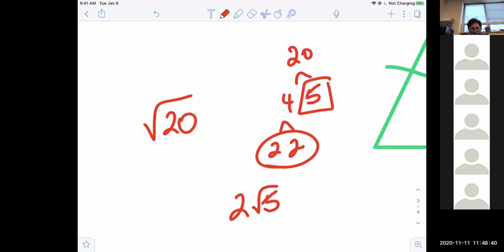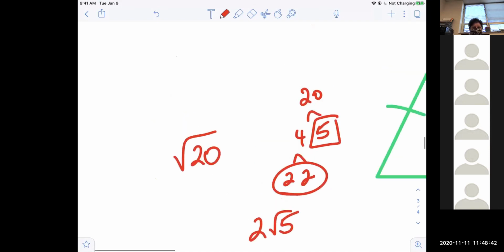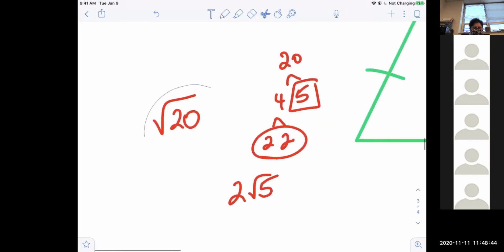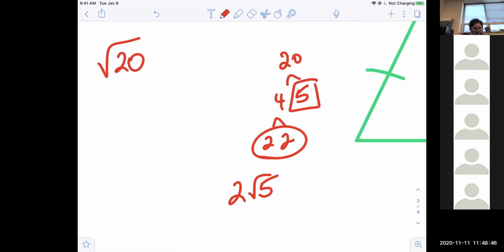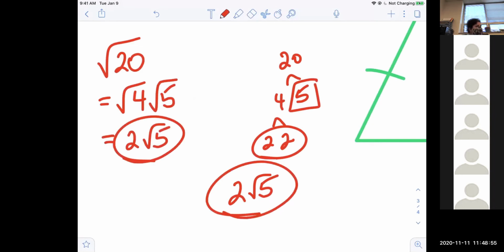The other way to think of this is to just break it down into a perfect square that you can think of, and then whatever's left over. Square root of 4 is 2, so 2 root 5. It'll give you the same thing. The reason that works is because two of those, when you take the square root, just becomes one of them, right? So just either factor it down with a factor tree, or else take out a perfect square.